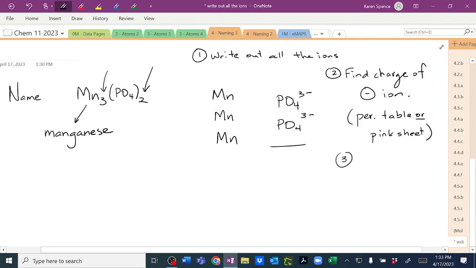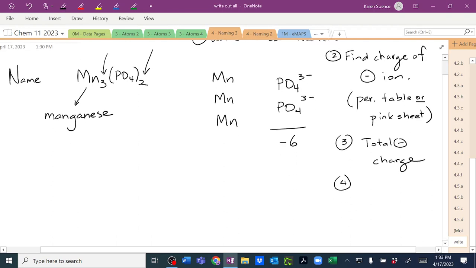Step number 3, find the total negative charge. So that's 3 times 2, which is negative 6. The total positive charge is equal and opposite to the total negative charge. So essentially the total positive is equal to the total negative, just with a positive sign in front of it.